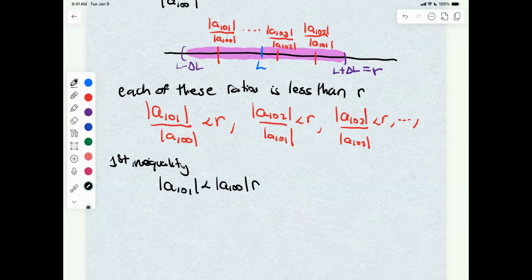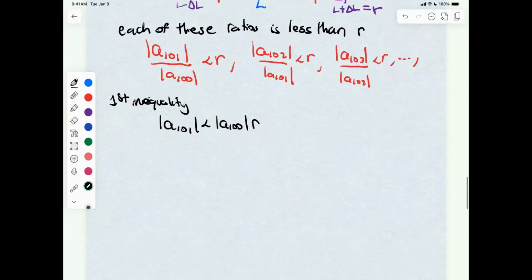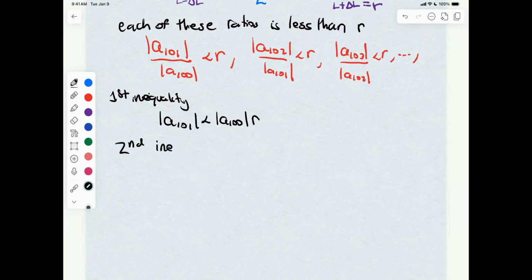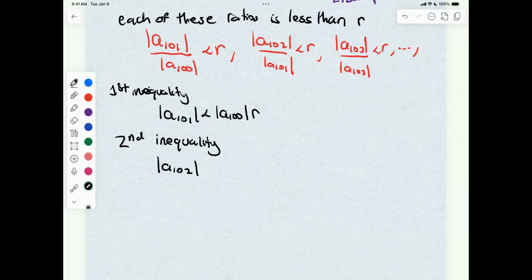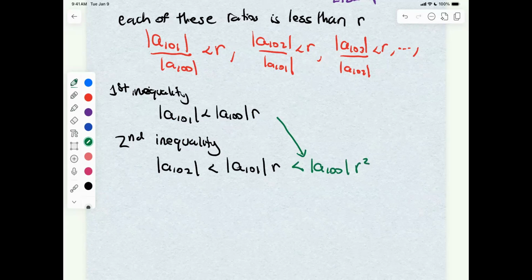What does the second inequality say? It says that A of 102 is less than A of 101 times R, right? So far, so good. But I know that A of 101 is also less than A of 100 times R, so I will insert this other inequality into here. And I now get an R squared, right?